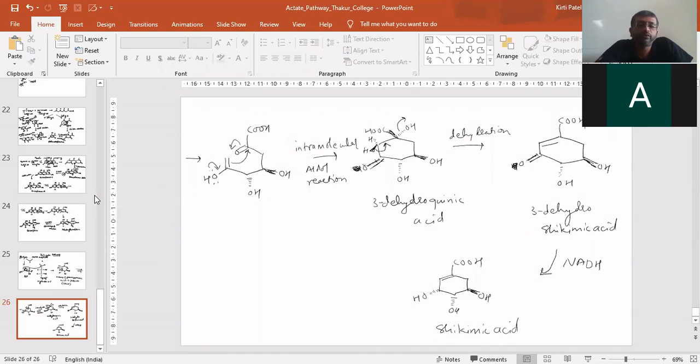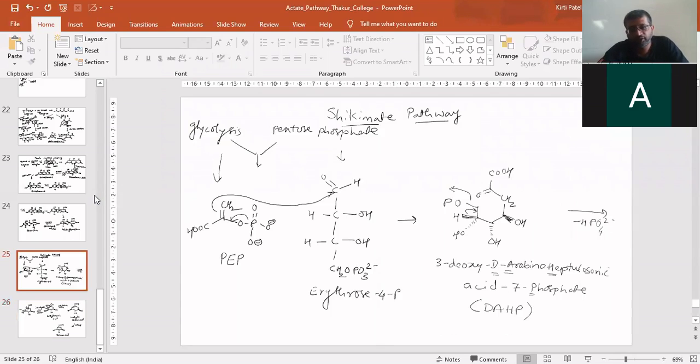So this is how shikimic acid can be synthesized by this particular method, where we are synthesizing shikimic acid from a combination of two intermediates from two different cycles. One is coming from glycolysis, that is phosphoenol pyruvate, and the second one is coming from the pentose phosphate cycle, that is erythrose 4-phosphate.